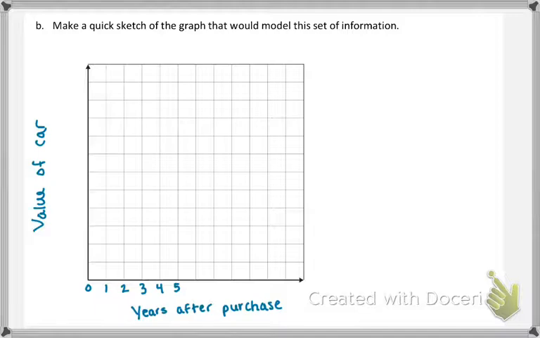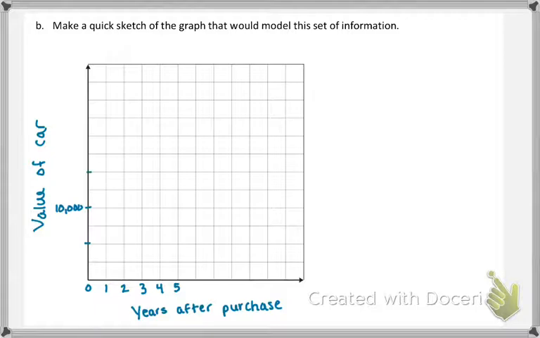And you can scale your Y value differently, but since the value of my car when I bought it is a little under 30,000, I'm just going to scale my Y axis so that it reaches up to 30,000. So I'm going to make every 4 units 10,000. So this would be 5,000.